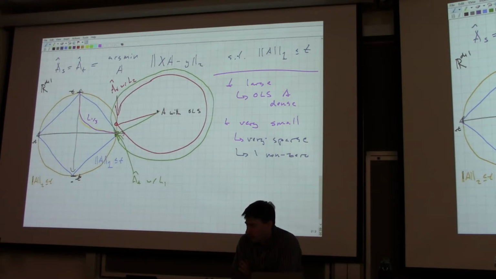Okay, so if we were going to pick one of the coordinates to be non-zero, which one would we pick?